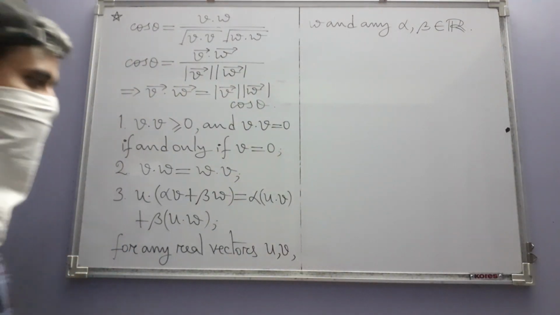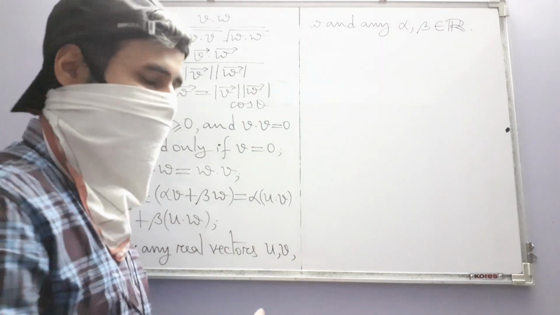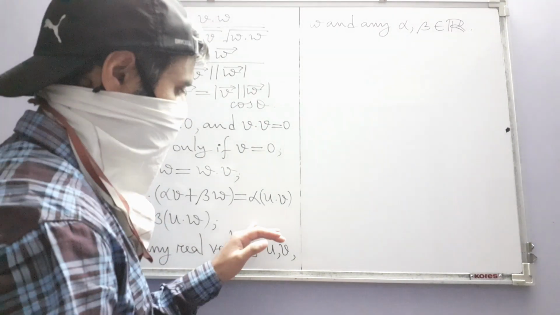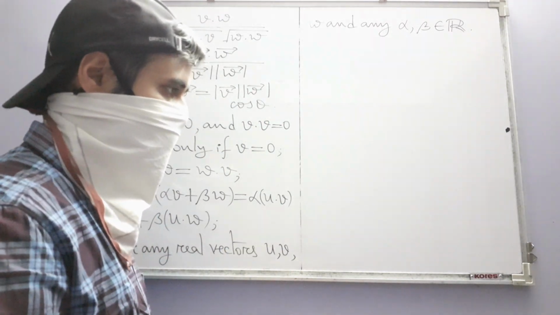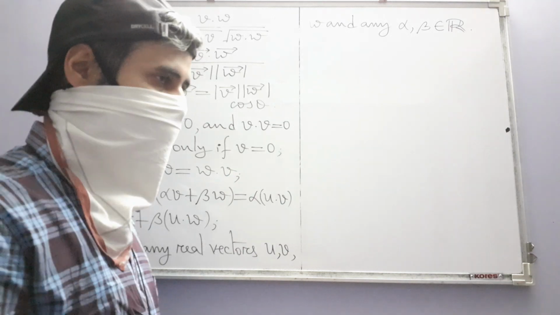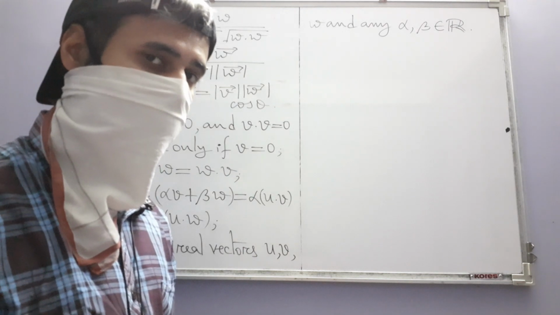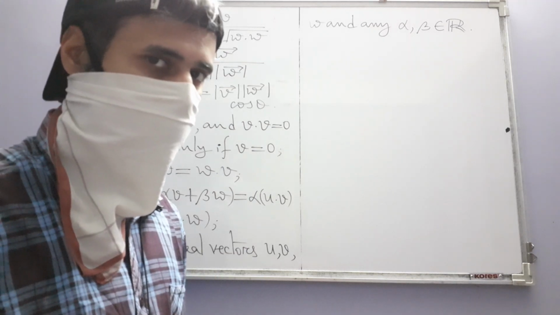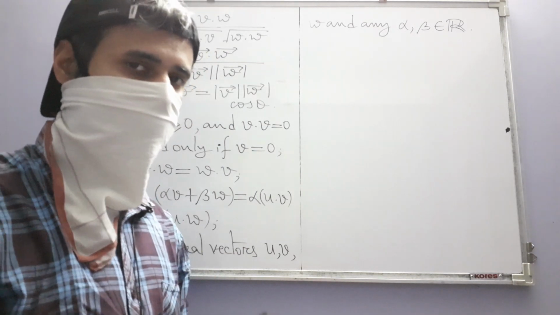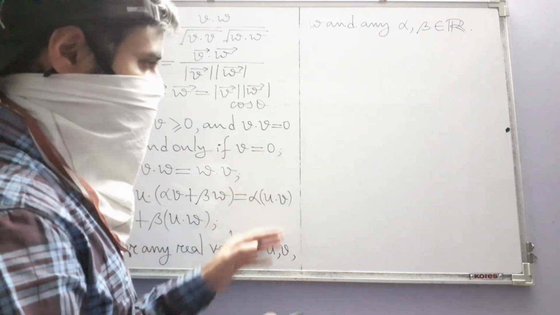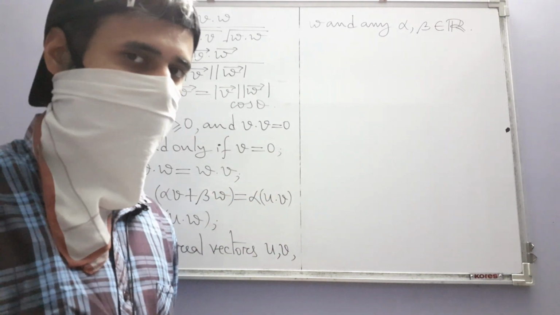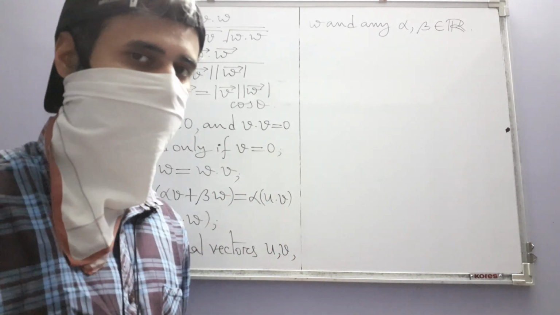Okay, now the extension that I was talking about just now, that we want to extend the notion of dot product to the case where, say, the vectors have complex number components. Okay, that is not unnatural for us, because we have already seen vectors over arbitrary fields.